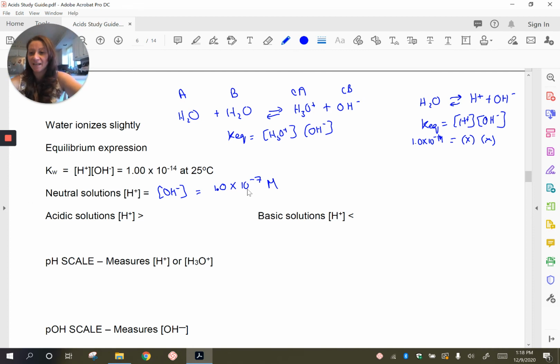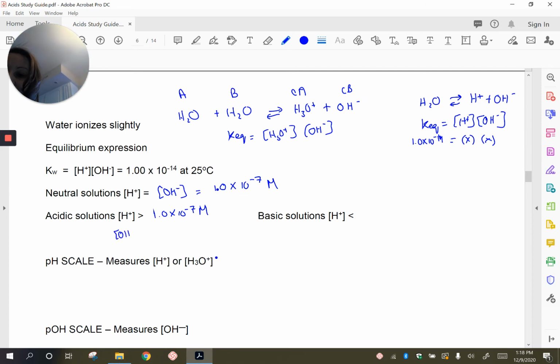So what if I take an acid and put it in water? Well, in neutral water, both of these concentrations are 1.0 times 10 to the negative 7th. If I add an acid, what's going to happen? The acid's going to give off more H pluses. So the H plus concentration is going to be higher than 1.0 times 10 to the negative 7th molar.